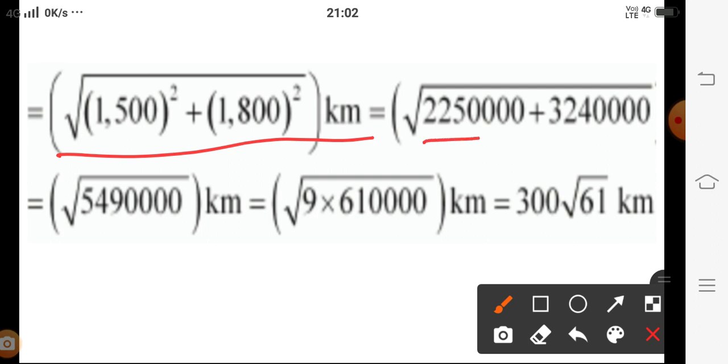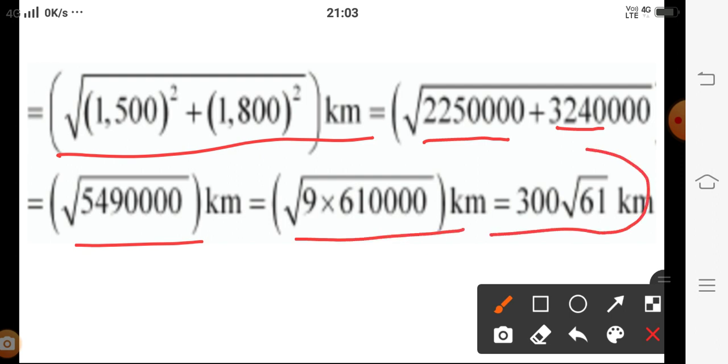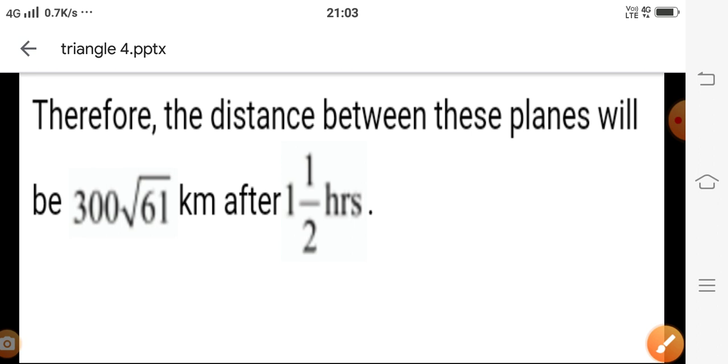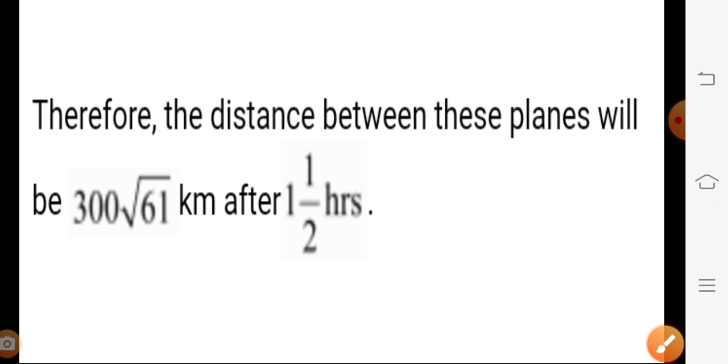On squaring, 15 square is 225, 18 square is 324, and on adding and finding the square root, we get the required distance between the two aeroplanes as 300 under root 61 kilometer. So after 3 by 2 hours, the distance between these two planes is 300 root 61.